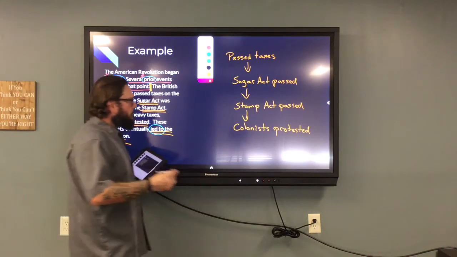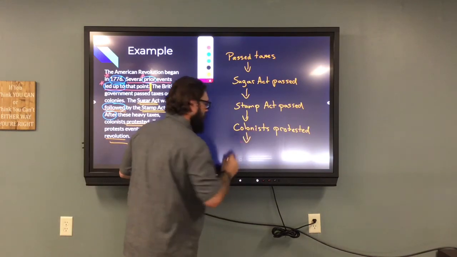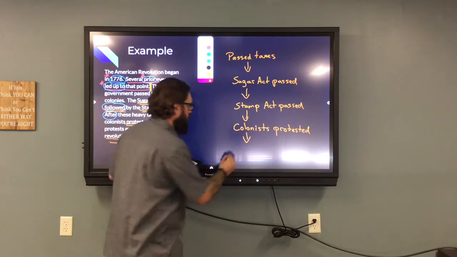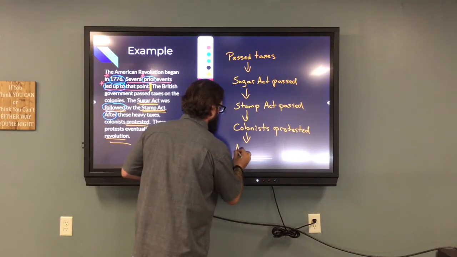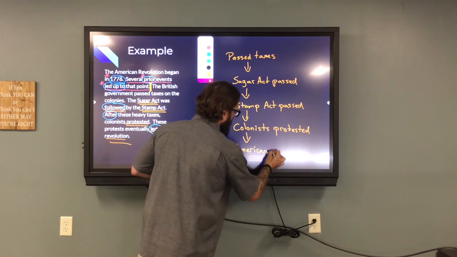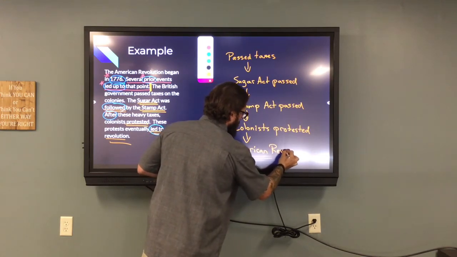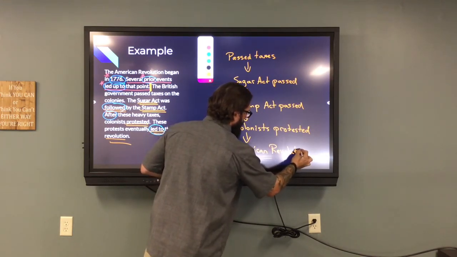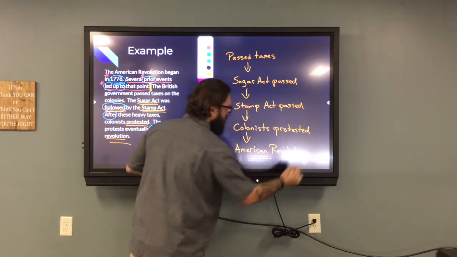So the final event that takes place in order is the American Revolution. Starts in 1776.